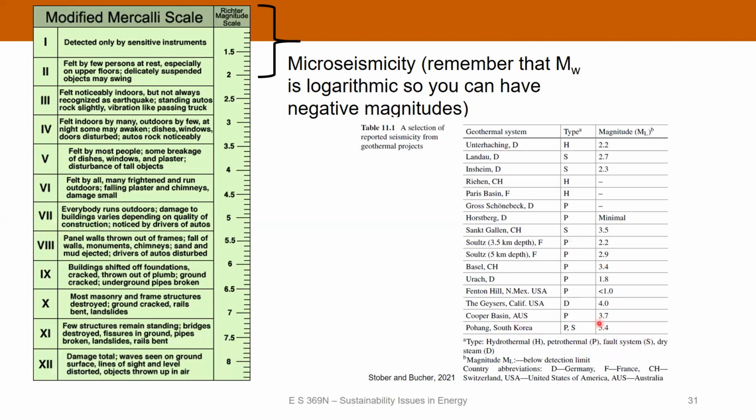That put geothermal in a very negative light in South Korea. So it's important to realize that induced seismicity is often unavoidable, and you've just got to be very careful about how you stimulate these wells and be mindful of how the public is going to respond to events when they occur.